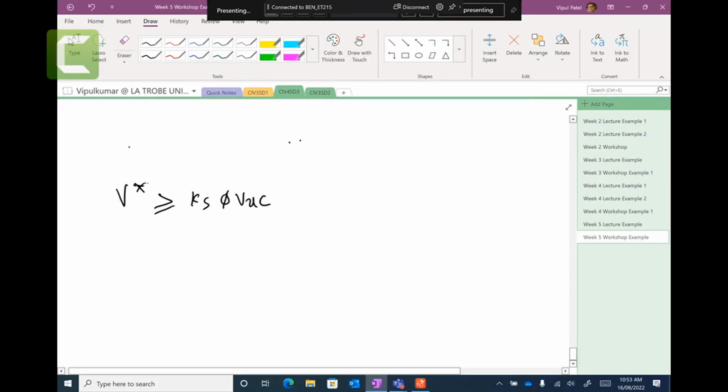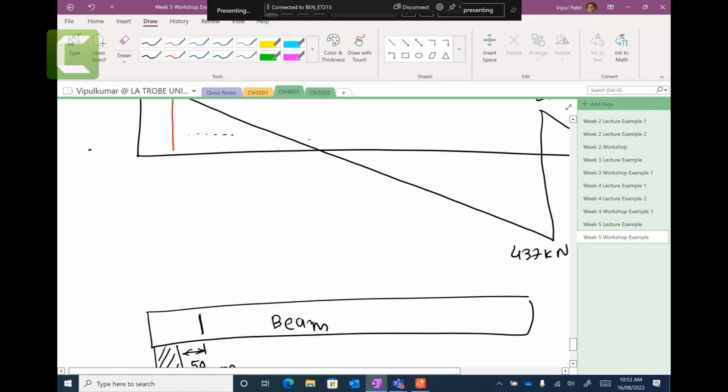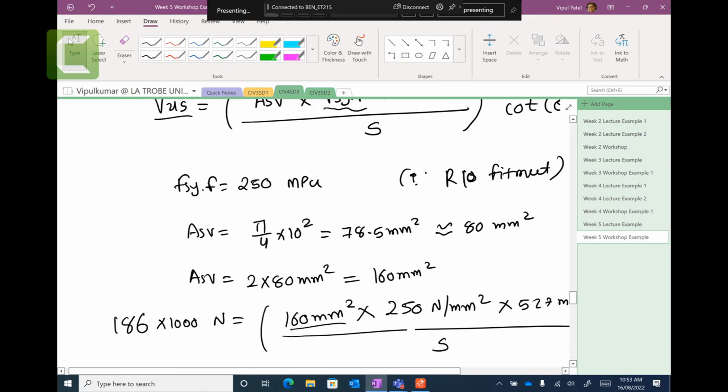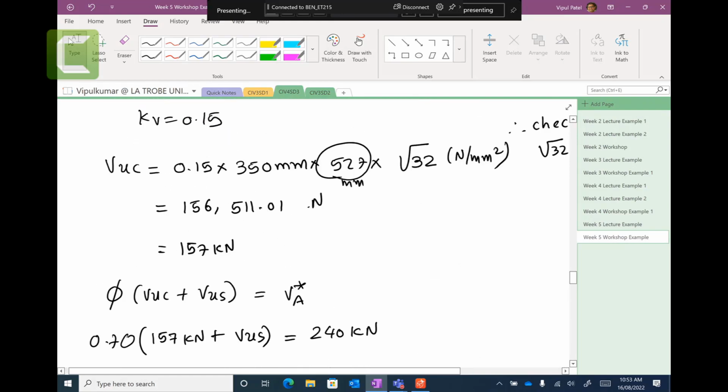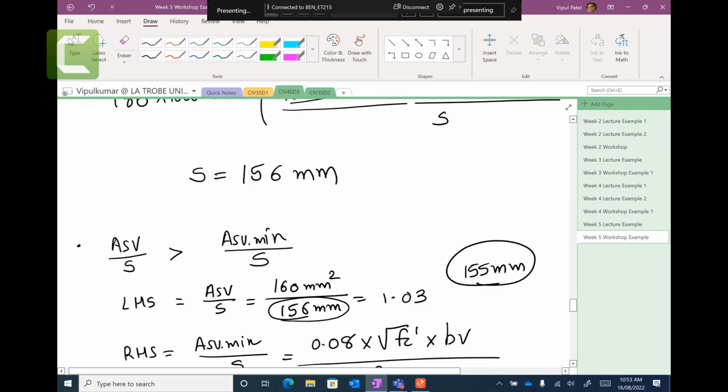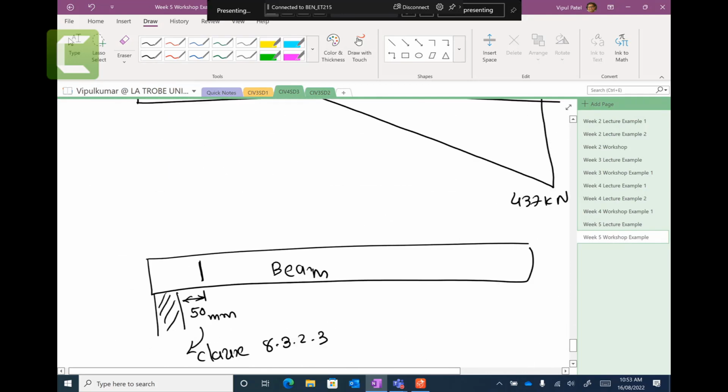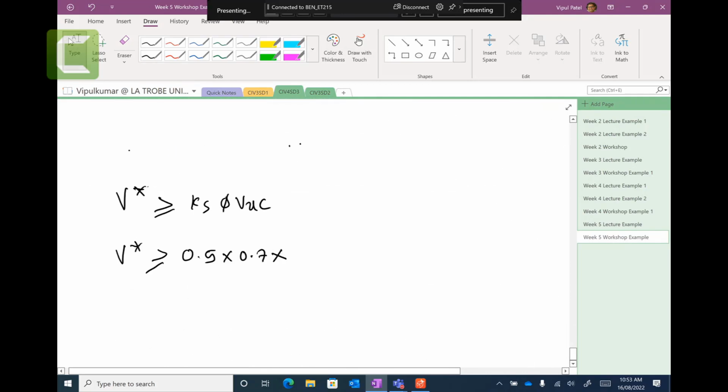So V star, Ks equal to 0.5, this is 0.7, and VUC. What is the VUC that we calculated? Here you go, we calculated 157 kilonewtons.